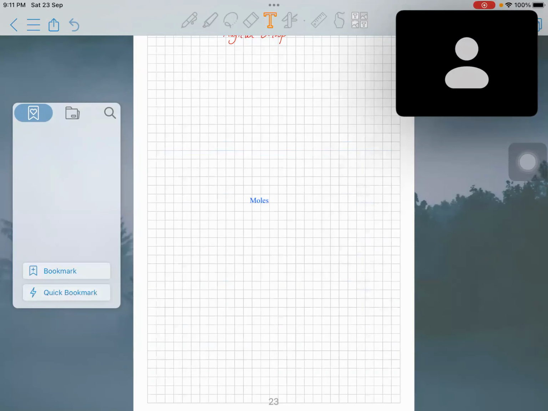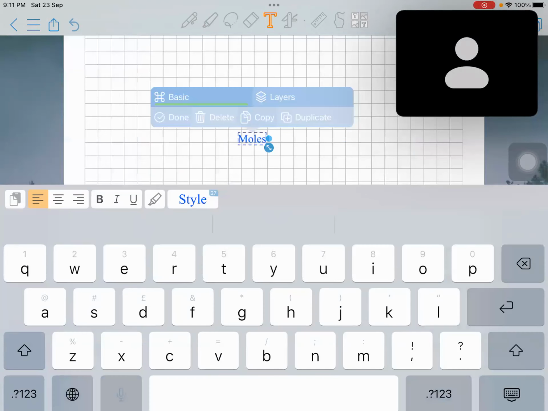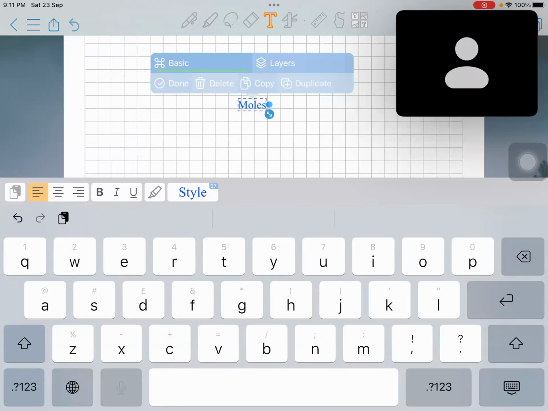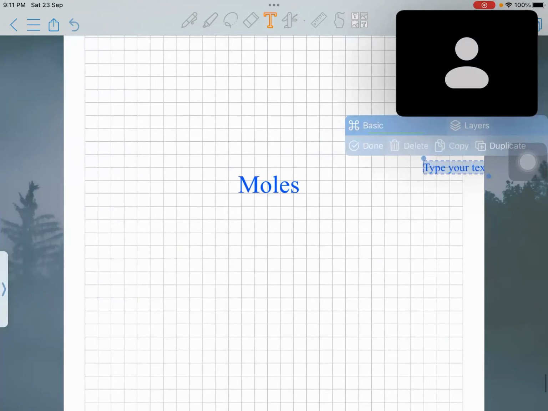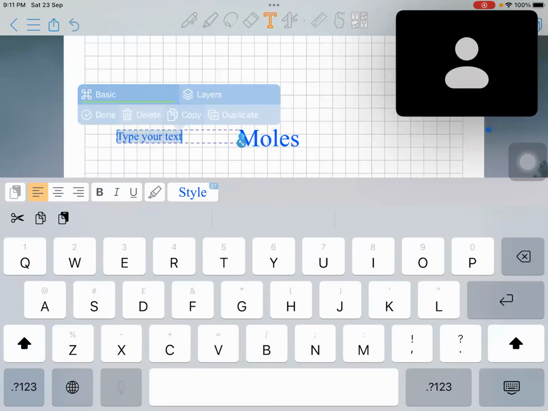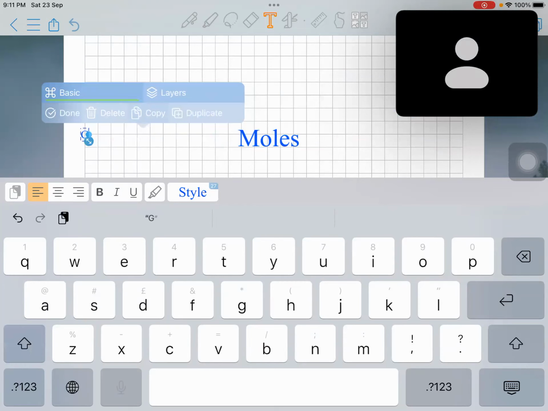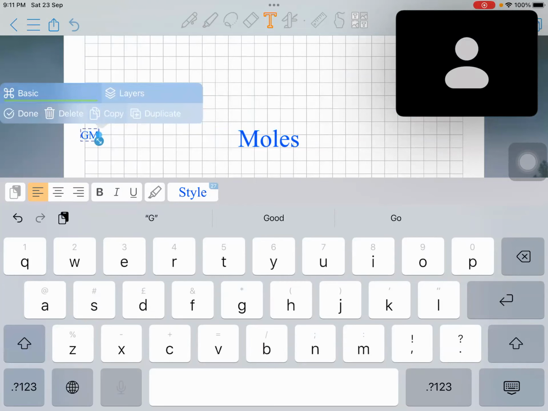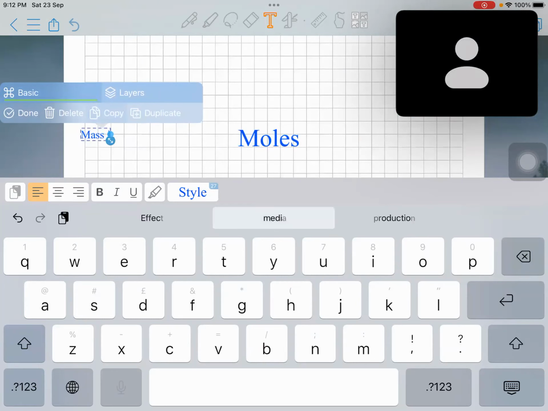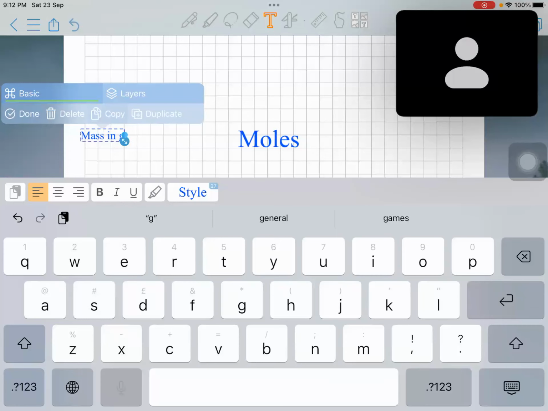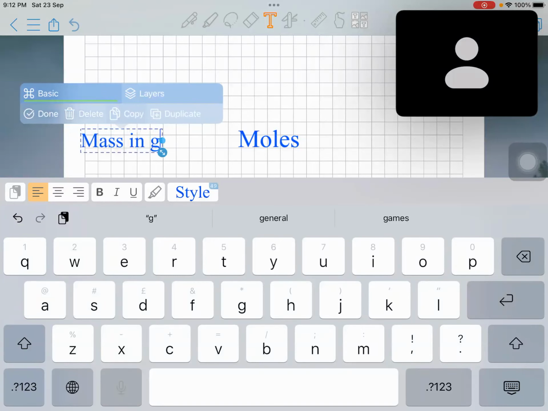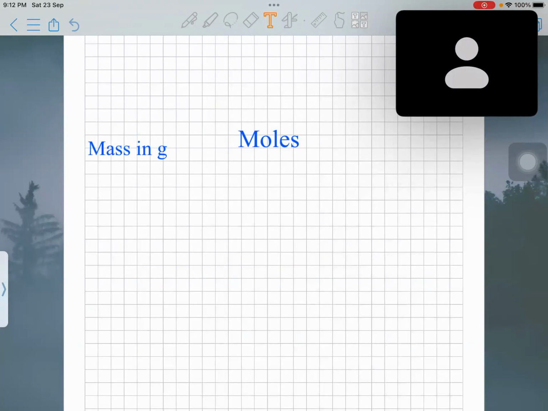So we can convert moles to mass in gram.